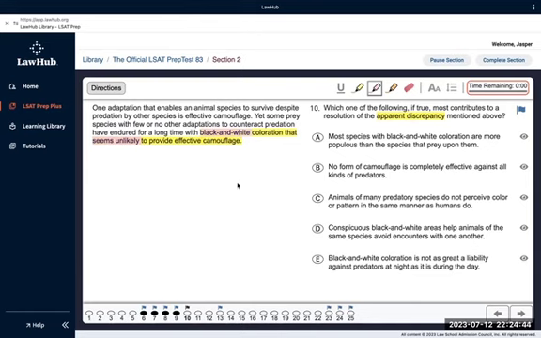So let's figure out maybe why black and white coloration would still provide effective camouflage. Let's take a look at that. A, most species with black and white coloration are more populous than the species that prey upon them. That's kind of the end result. It doesn't explain how we're able to get there.